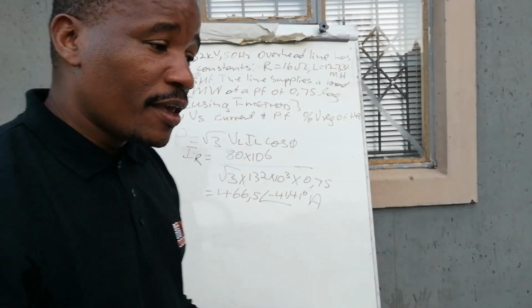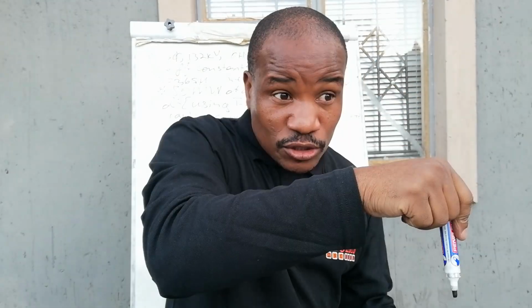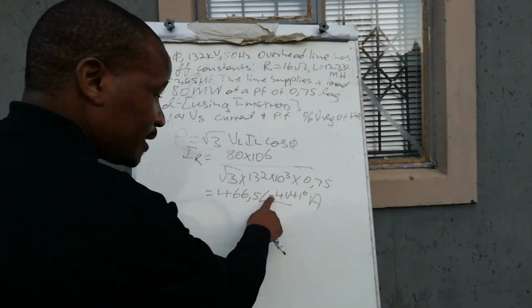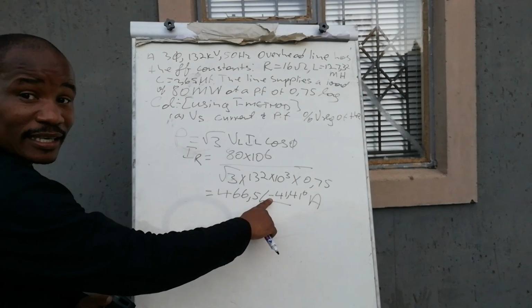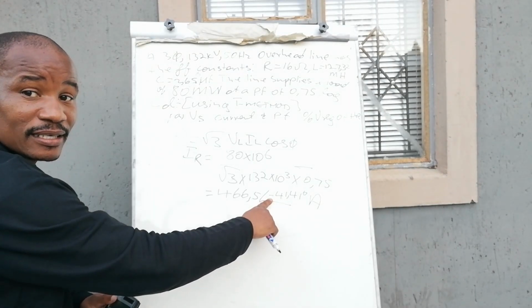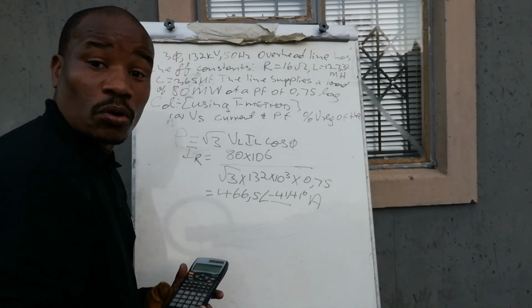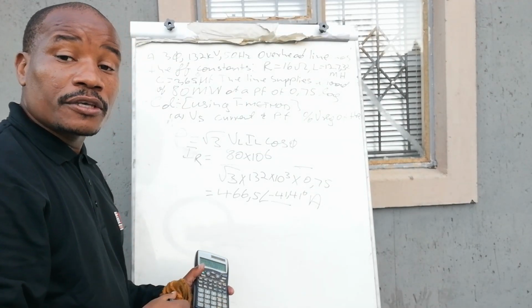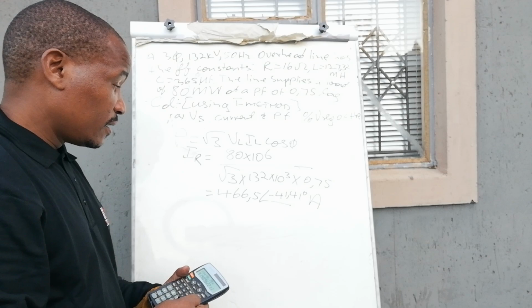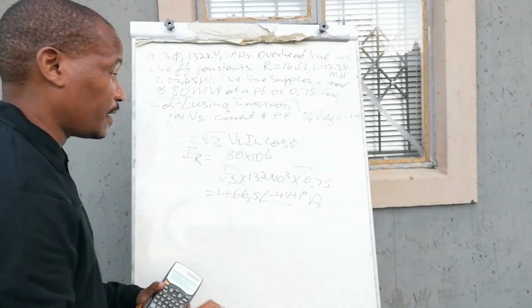If it is, say, a power factor of 0.5 lagging, then the angle of that particular power factor is minus. That's why it's minus there. It's a fact.